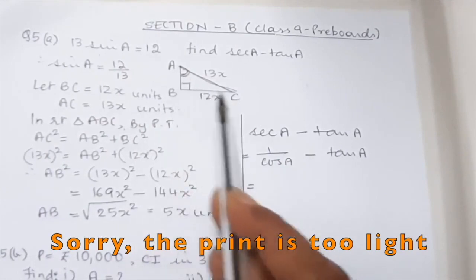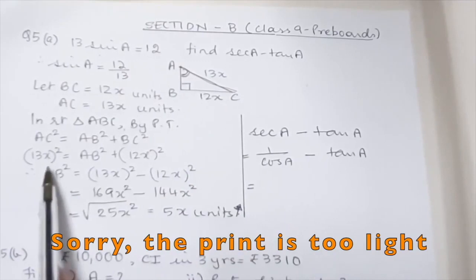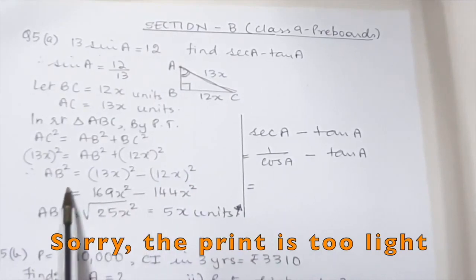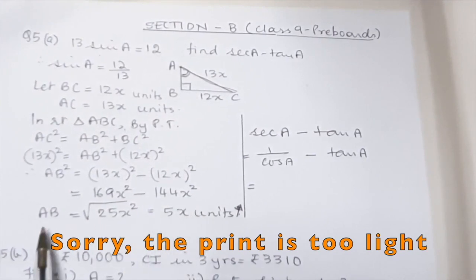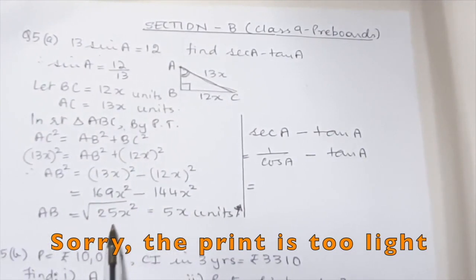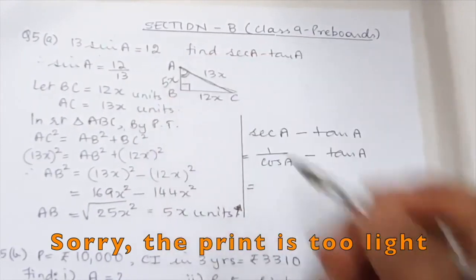As you can see, this AC square is equal to AB square plus BC square, and substitute the values, and we will get our AB square as 169x squared minus 144x squared. So AB becomes under root of 25x squared, which is 5x units. So we will write here 5x units.